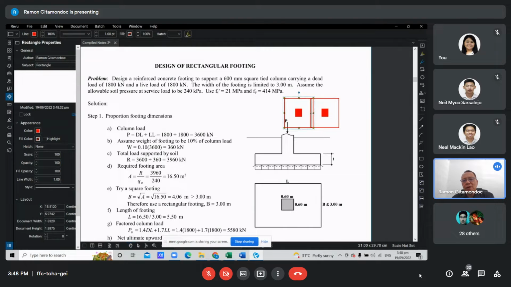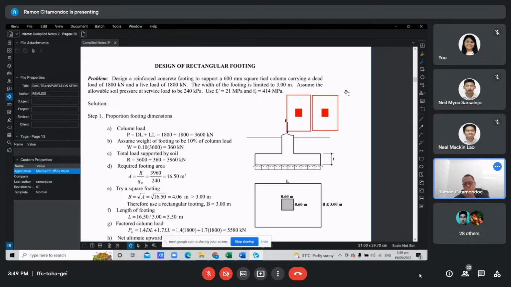So kung i-narrower nato ang mga footing, but to compensate or to maintain the same area, mugawas nga mas longer no ang footing sa usa ka side. So duha ni siya ka example, of course naay lain no, but I think that will be sufficient for now, nga dunay mga situations nga kinahanglan mo gamit og rectangular footing.